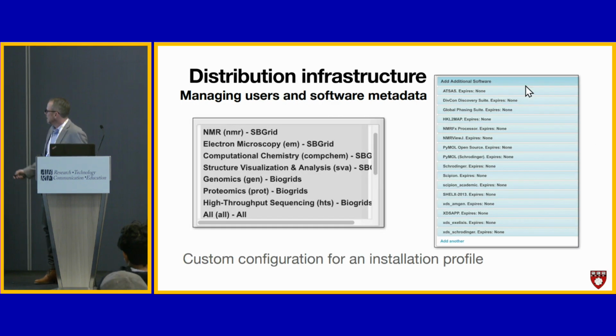And then we can also classify by group, because sometimes people say, I don't do NMR, I don't want any of the NMR software, so we can take it out of their profile. We can add in just by title, so I'm showing a bunch of different titles that we've added in. This is just my reference testing site where I add in all the titles. So we have custom configurations for each installation profile, and each lab is within that installation profile.